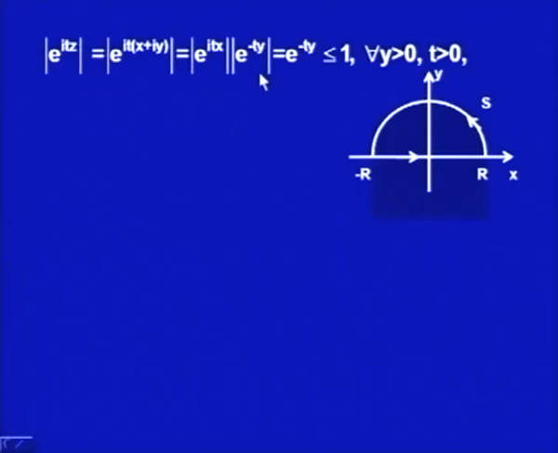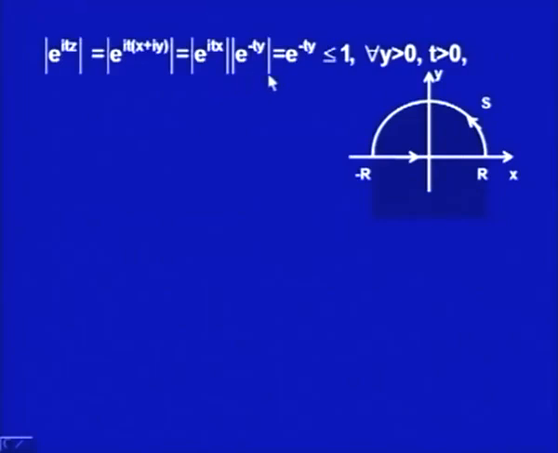Since we know that for complex numbers, the absolute value of a product is equal to the product of the absolute values, now the absolute value of e^(itx), by Euler's formula, is cos(tx) plus i sin(tx), and its absolute value is always 1, because cos squared(tx) plus sin squared(tx) is 1 for all t and for all x.